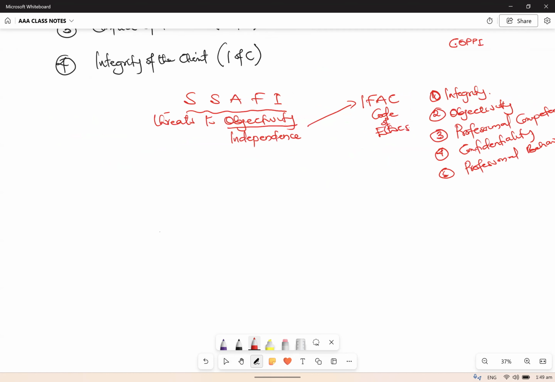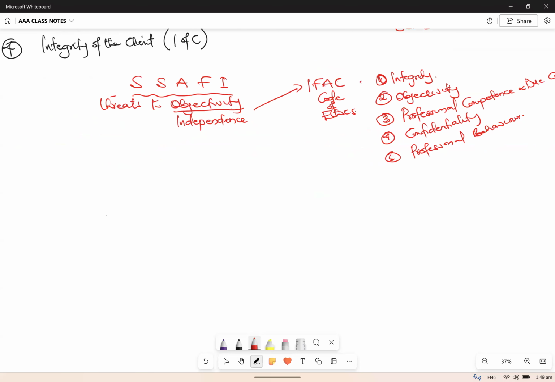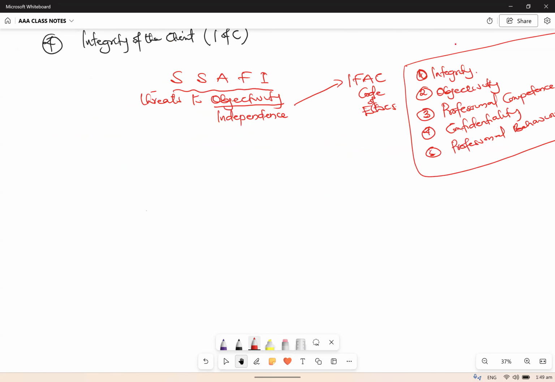So these are the IFA code of ethics, but nobody is going to ask you to explain any of these. It's unnecessary. What you'll be required to do rather is to identify threats to objectivity, something that can make the auditor biased.